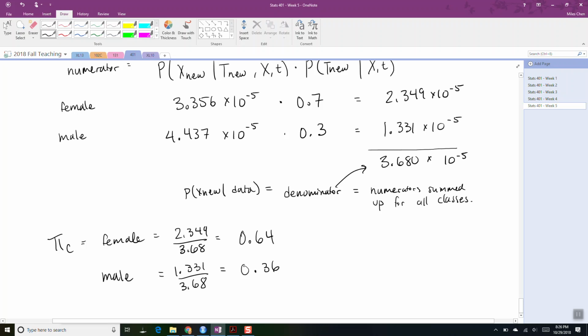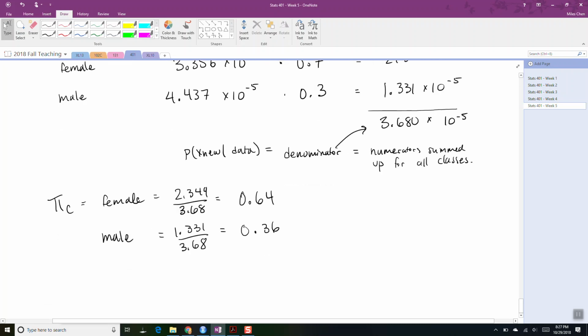But we don't actually care about that. We're just saying, if I have this 9,000 pound elephant, give me a class prediction. Can you make a guess if it's going to be male or female? And our answer is, we think it's going to be female, because females are more likely overall, and the relative probability of this value is not that big of a difference there.